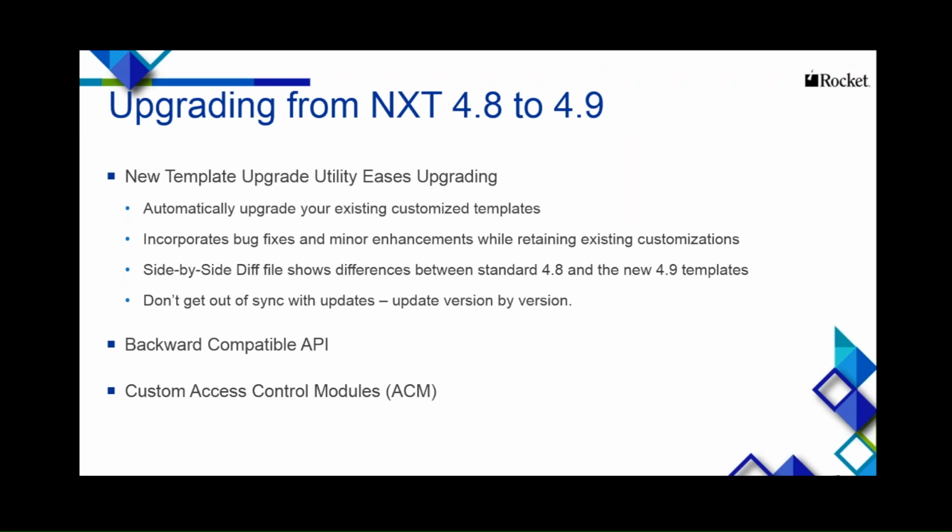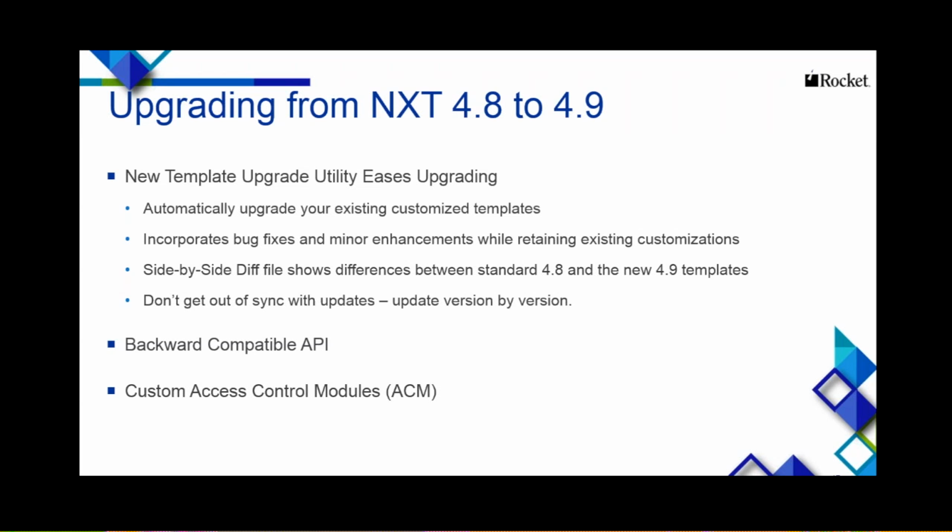Because NXT 4.8 is 32-bit and NXT 4.9 is 64-bit, we have been careful to make sure that the API is backward compatible. Any 32-bit custom access control module that was built for NXT 4.8 remains compatible with the 32-bit version of NXT 4.9.